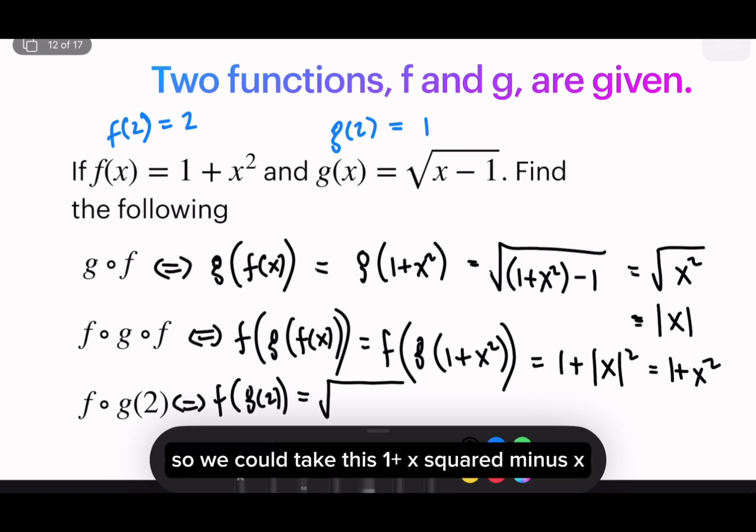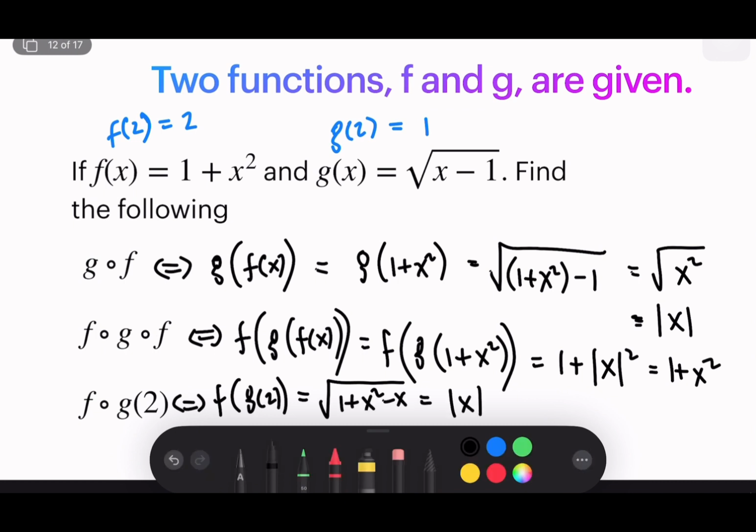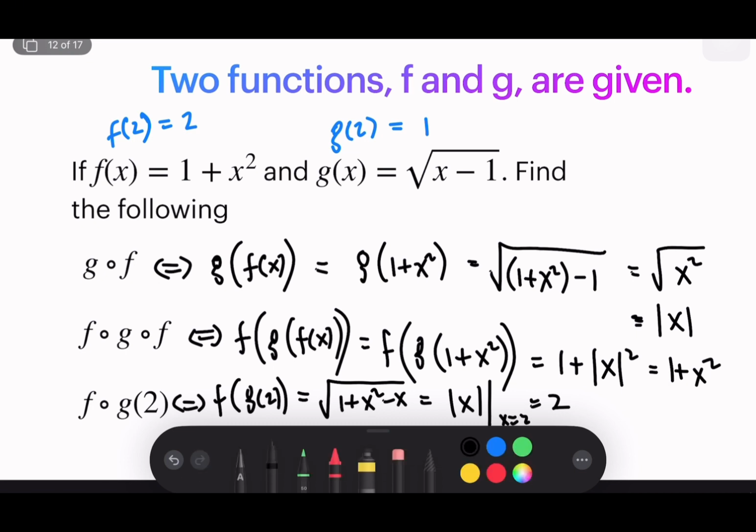So we could take this 1 plus x squared minus 1, which is the absolute value of x. Why is it 2 for the f? No, it's just a question. You mean if we plug 2 into the first equation, it's fine, because the conclusion is the same. So this is 1, right?